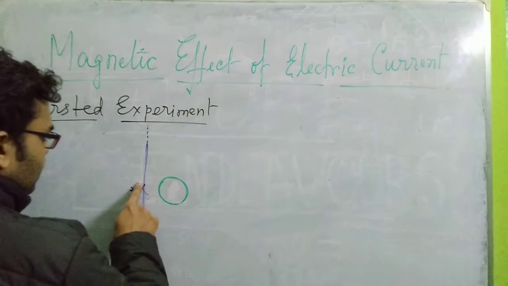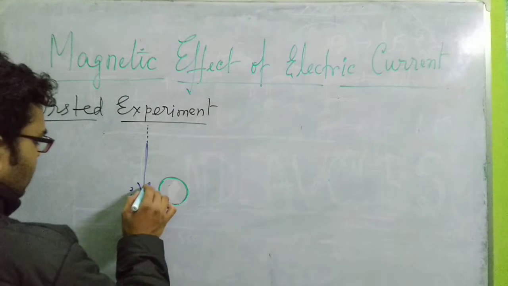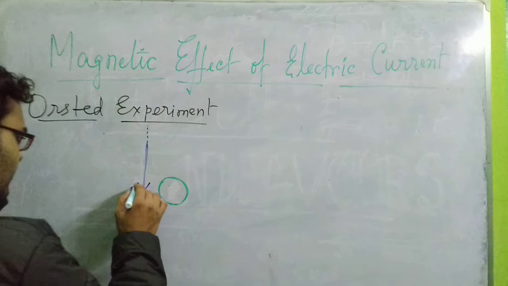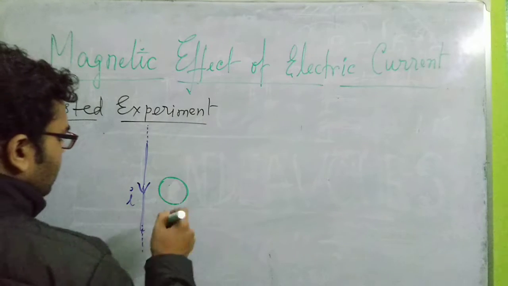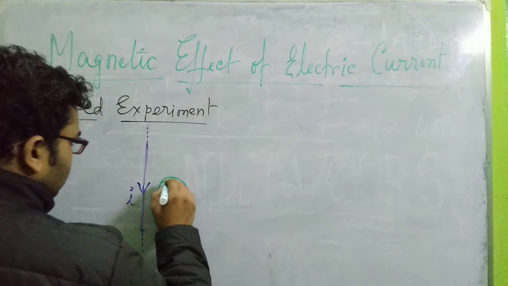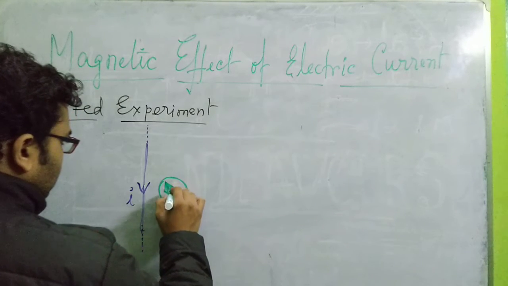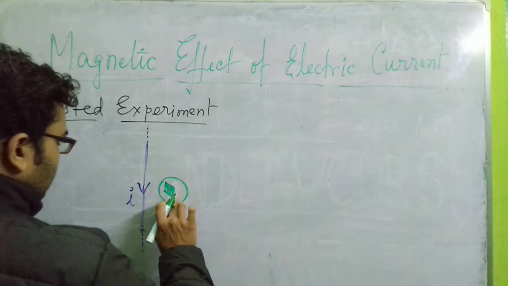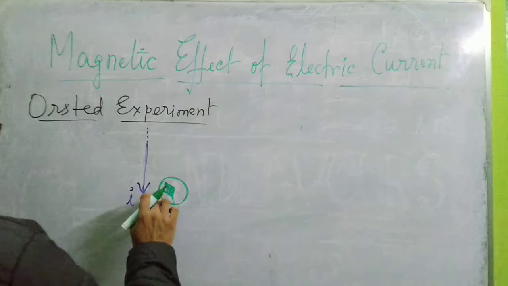In the previous case, it was deflected on the right side. Now when the current flows in the downward direction, the deflection was seen to be on the left.